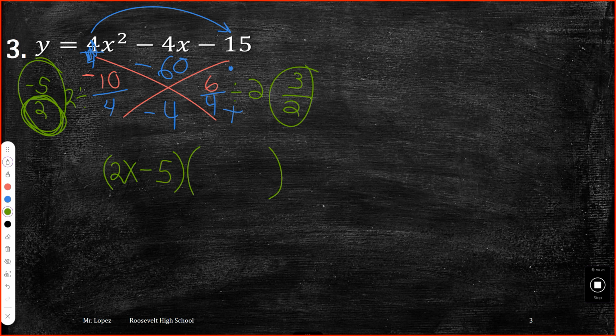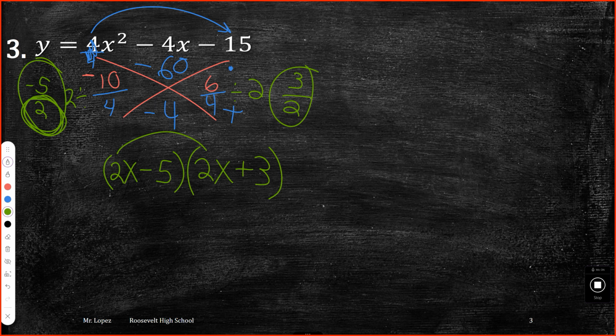So what would it be for this one here? 2x plus 3. And one more time, how do I know that this is correct? Just to get it started, what is 2x times 2x? 2 times 2 is 4, and then x times x is what? X squared.